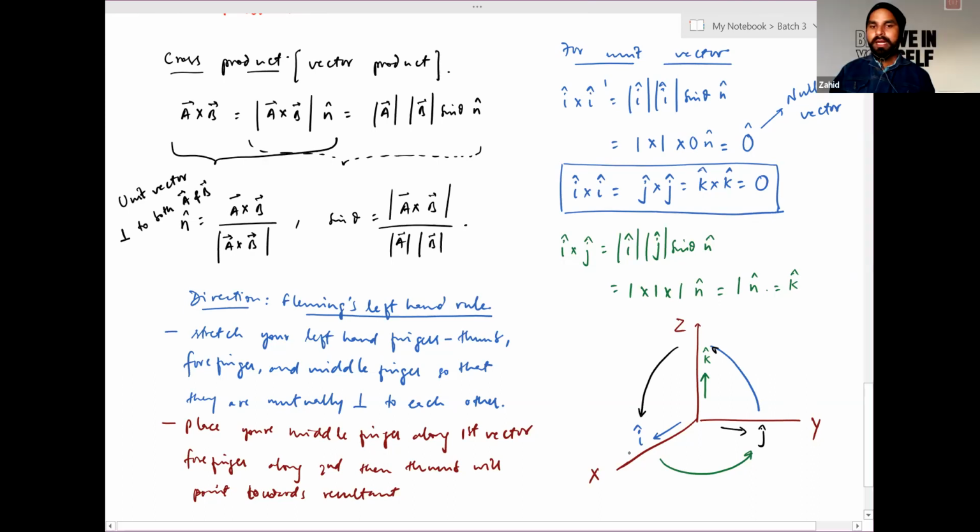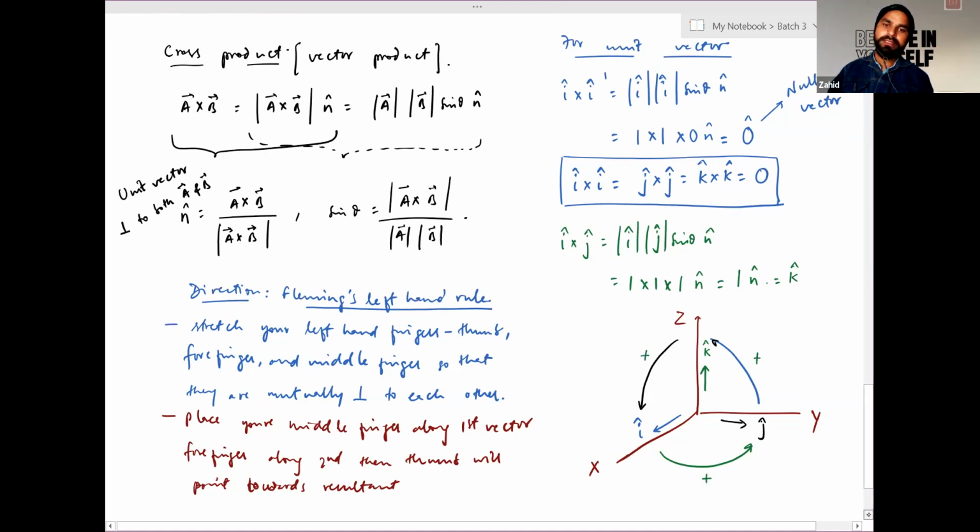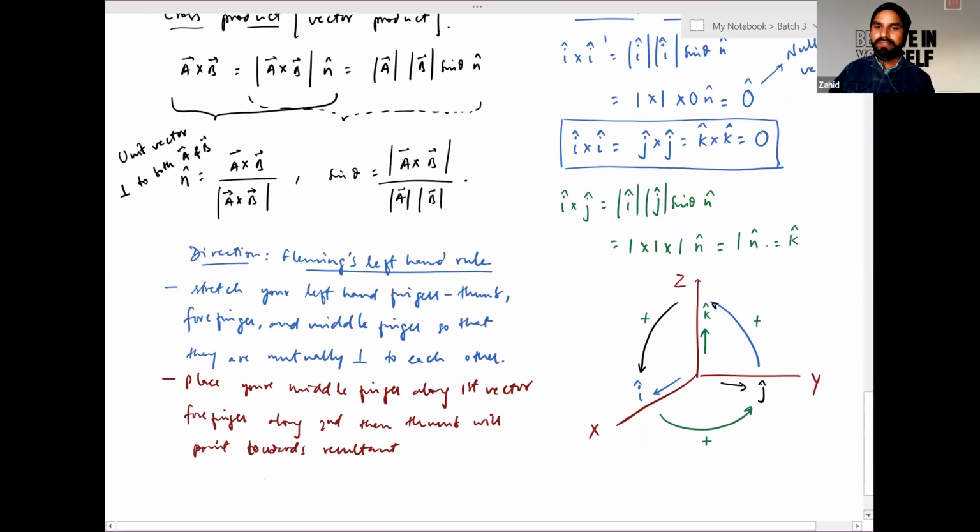So I cross j will be plus k, j cross k will be plus I, and similarly k cross I will be plus j. If you move in the anti-clockwise direction, the product will be positive.